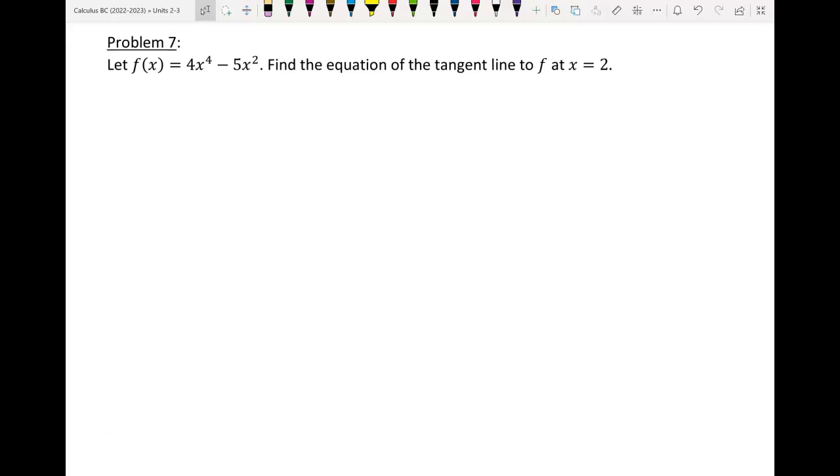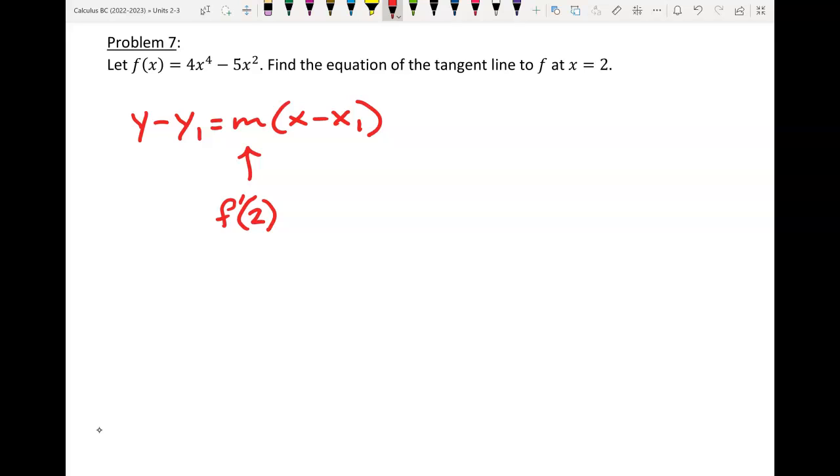All right, on this one, I just want to quickly touch base. What is our equation, or what do we use to find equations of lines? Y minus y1 equals m times x minus x1. And then how do we find m? We solve for the derivative. So that should be f prime of 2, right?